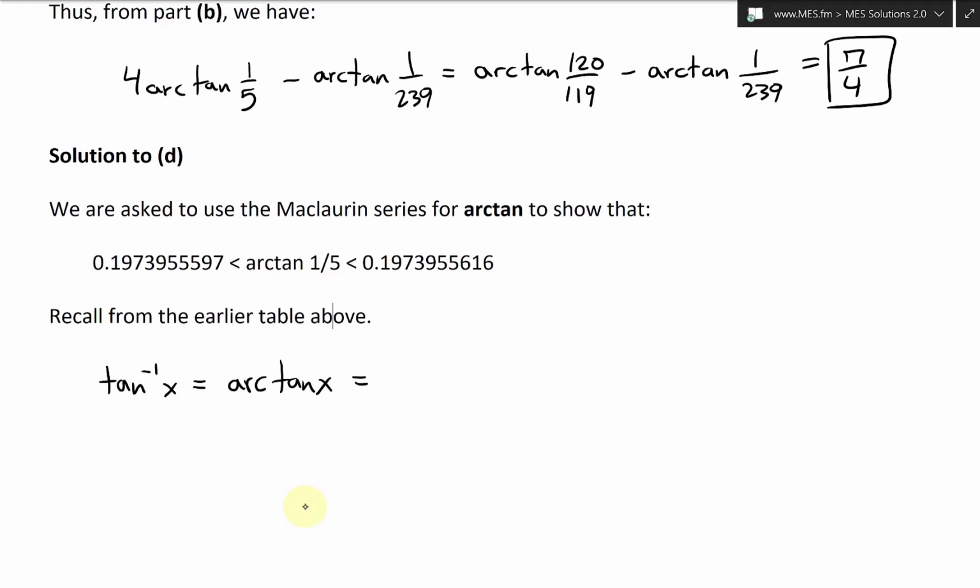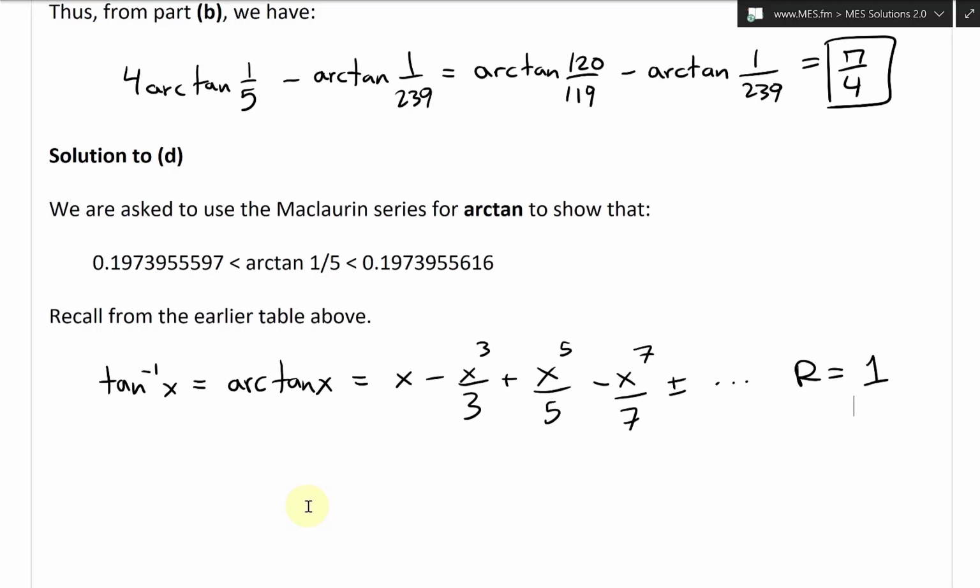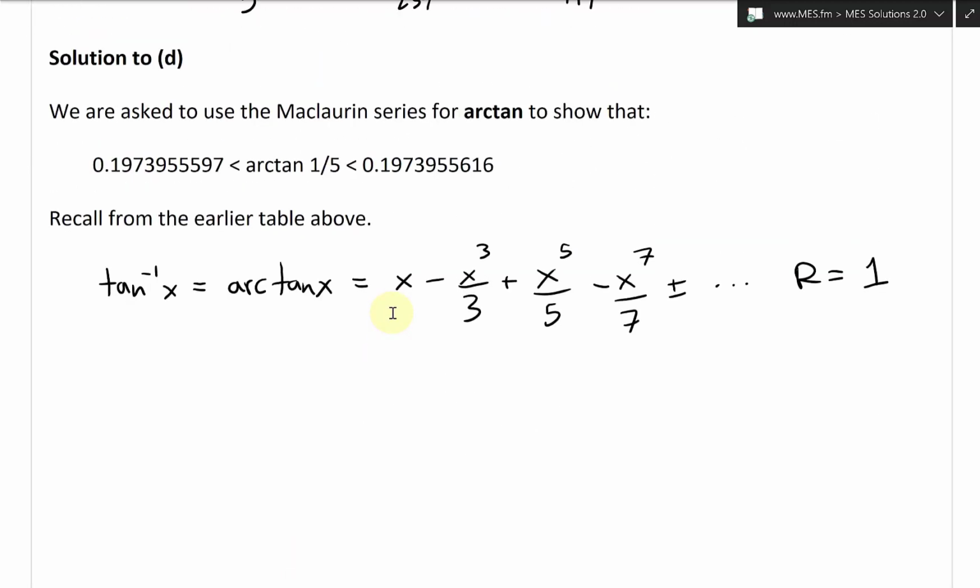So arctan of x equals odd powers, starting from x to the 1 minus x cubed over 3, so they match up, plus x to the 5 over 5 minus x to the 7 over 7, and then it goes plus, minus, and so on. And r, the radius of convergence, is equal to 1. Alright, so now let's plug in our 1/5.